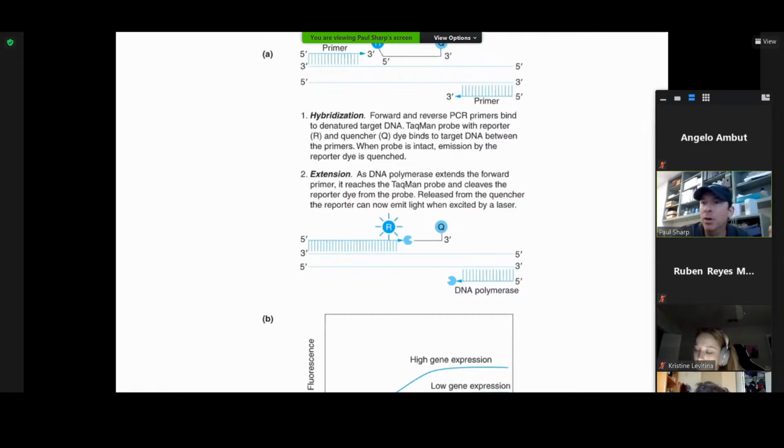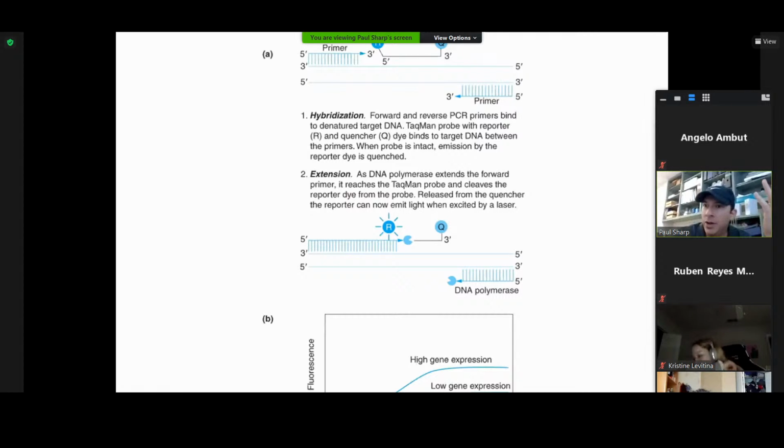So, for example, you could do positive controls to get a standard curve, where if you know this tube has 100 cDNAs and this tube has 200, and then this tube has 500 and this tube has 1,000, then you can see for those different tubes when they cross the threshold cycle.